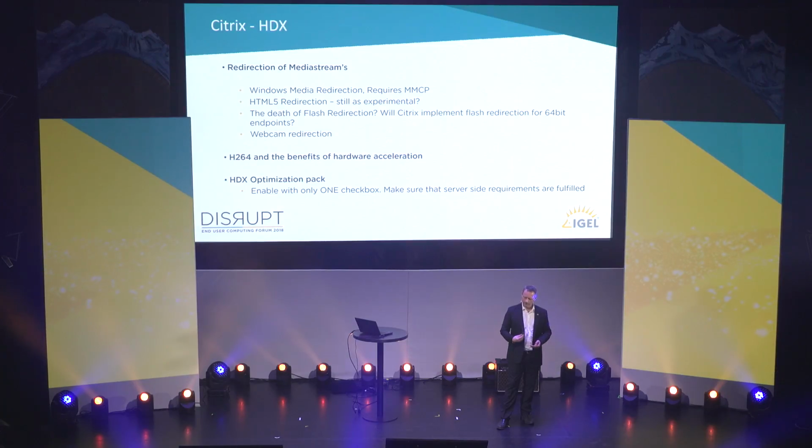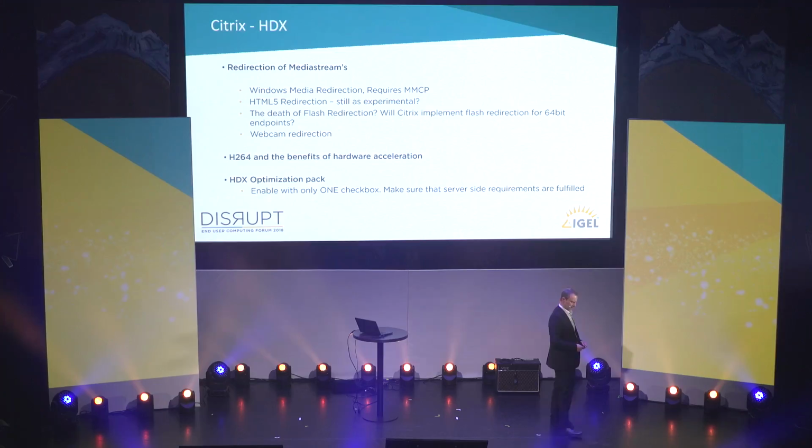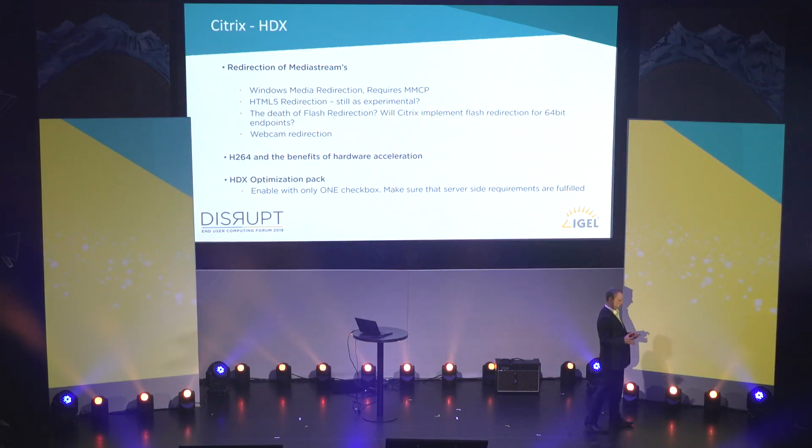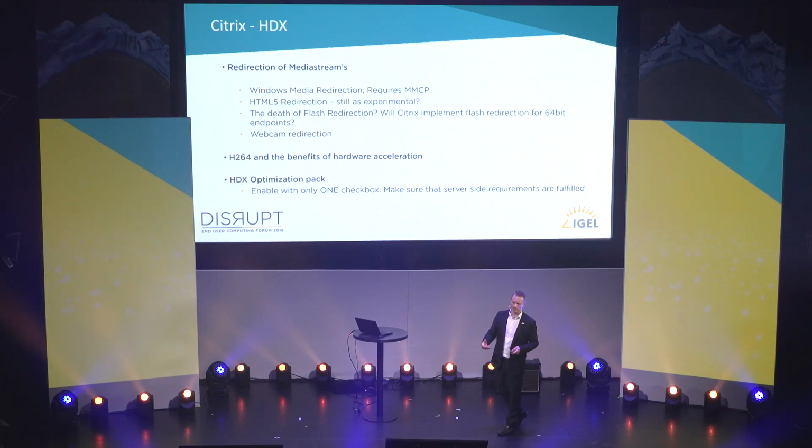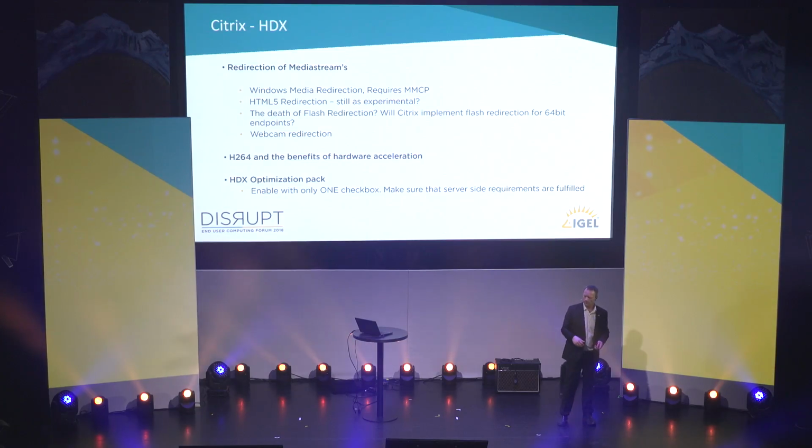And there are people that would like to use Skype for Business, and they don't want to put the processing load on the server side. So of course we implement the HDX optimization pack, which enables peer-to-peer communication between endpoints, so you don't need to route all the traffic through your Citrix environment.